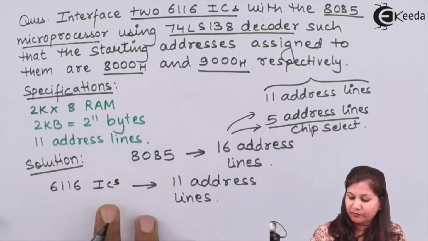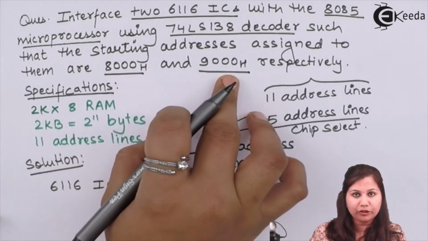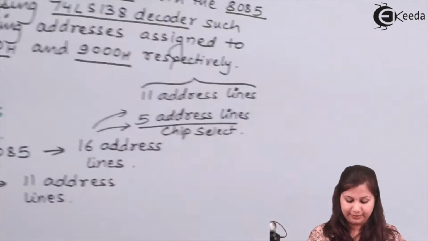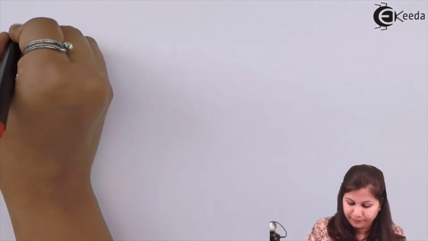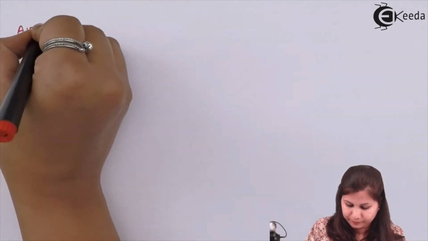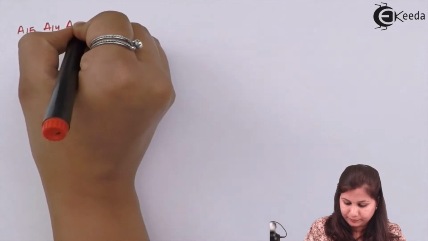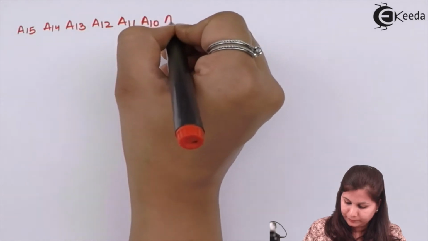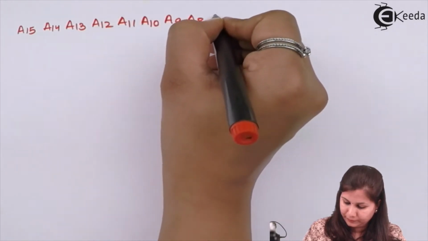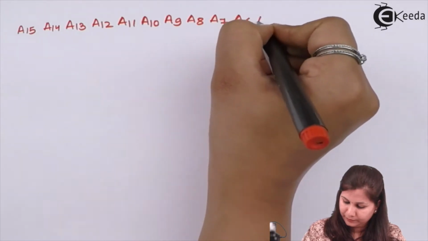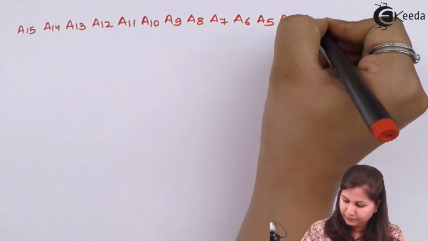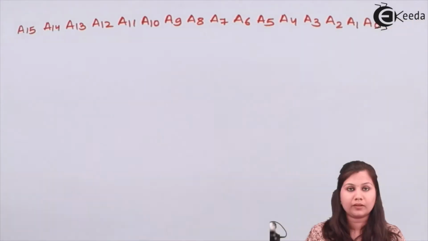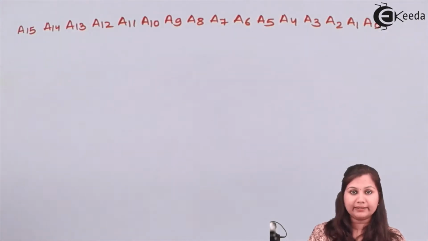Now for each memory chip, the starting address is given to us. Let's see what will be the value of these 16 address lines. The starting address is 8000H.